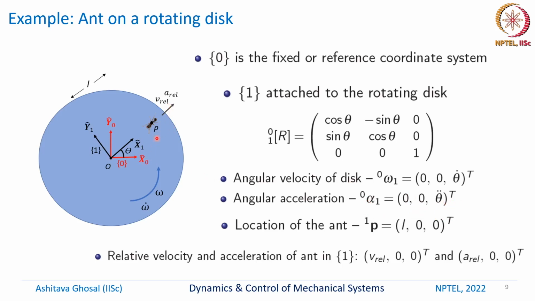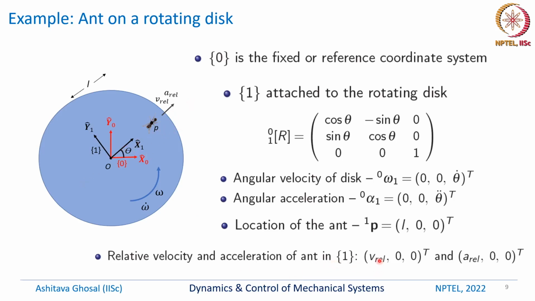The location of this ant in the coordinate system 1 is along the x-axis. This is just for simplification; it could have been anywhere else. So the position vector of this ant in the 1 coordinate system is L, 0, 0, a column vector with only an x component, which is L. The relative velocity and acceleration of the ant in this 1 coordinate system are again assumed, for simplicity, to be along the moving x-axis.